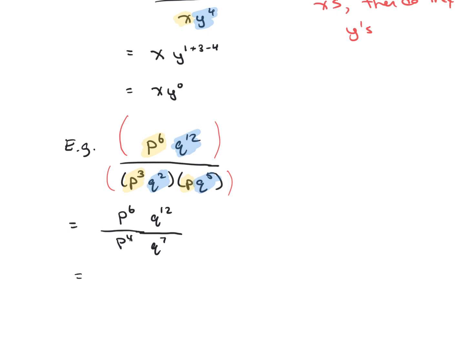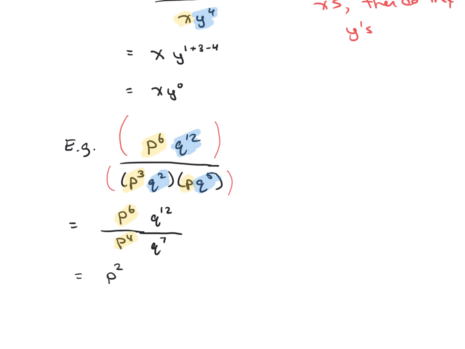And now I'm going to keep simplifying. So again, I'm going to look at the p's first and ignore the q's. I have p to the 6 over p to the 4. That will simplify by subtracting 6 minus 4, which gives me p squared.